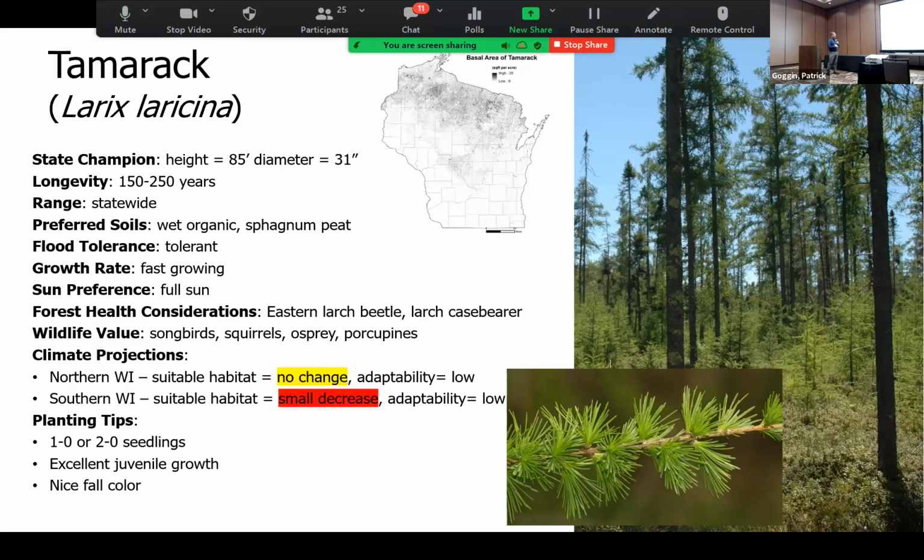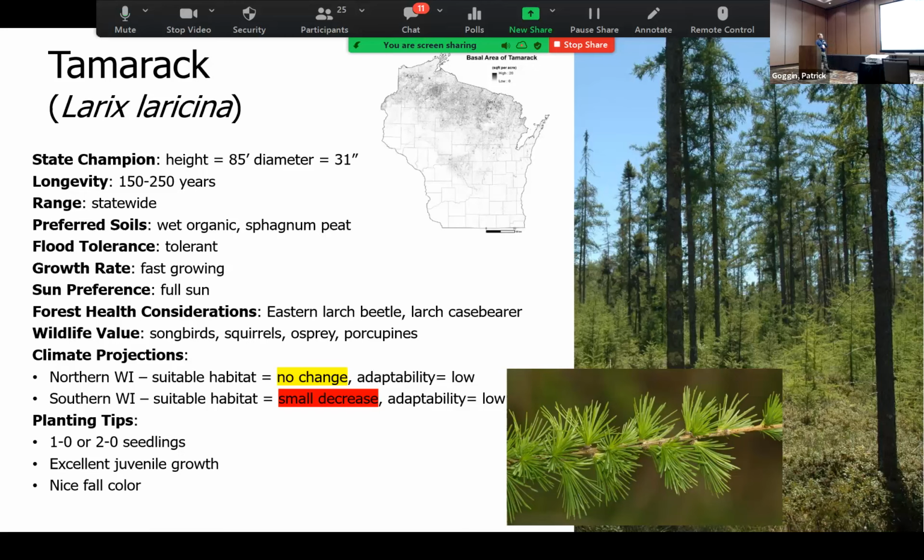And since we're talking about wetland forests, what their tolerance is for water. In any wetland, you're going to have different periods of inundation. Some trees are going to be able to tolerate longer periods than others. So that's really important and key. Some forest health and wildlife values.